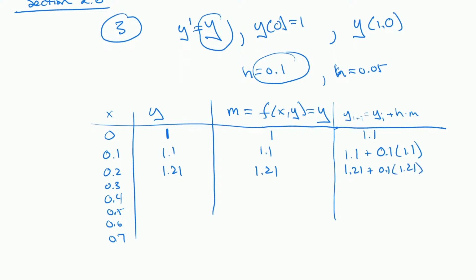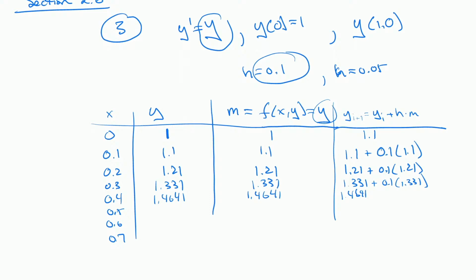Since the slope is equal to y, that's why this is kind of boring. 1.331. How far do I have to go with this? 1.4641. So anyway, this gets quite tedious.